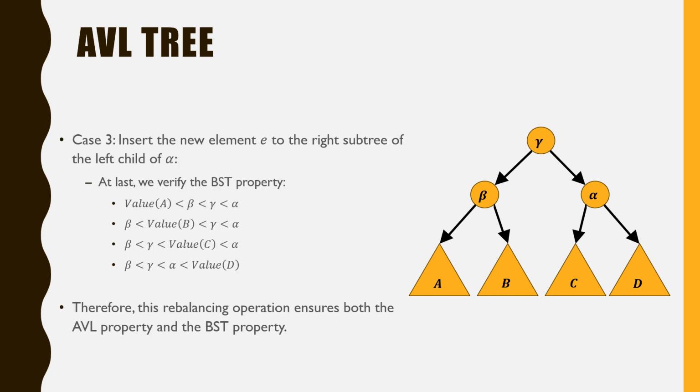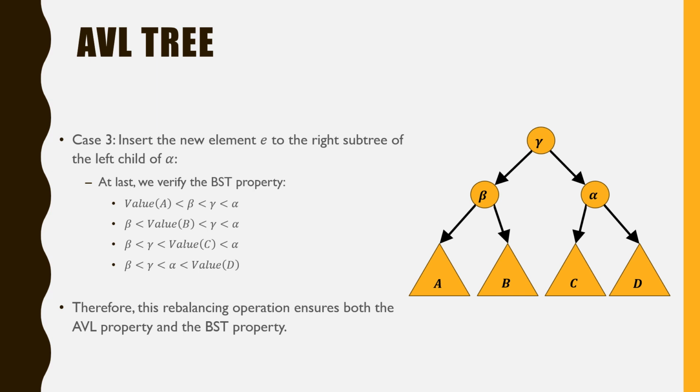Next, let's confirm that the rebalanced tree satisfies the BST property. First, subtree A remains the leftmost subtree, consistent with the fact that its elements are smaller than all of alpha, beta, and gamma. Similarly, subtree D remains the rightmost subtree, consistent with the fact that its elements are greater than all of alpha, beta, and gamma.